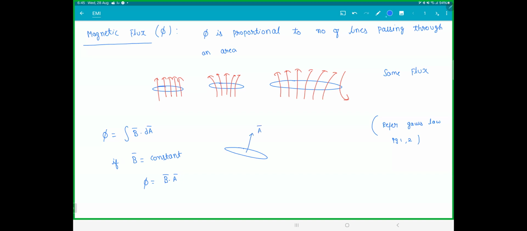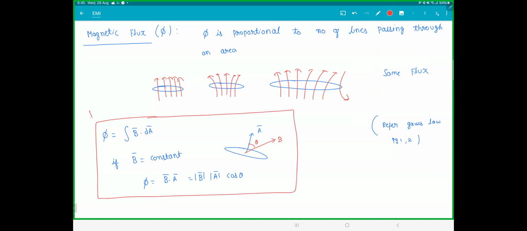This is your area vector, this is your B bar and this is your theta. So you can write this as mod B, mod A, cos theta. So theta is the angle between the area vector and B. Clear? Same definition. So you can study in terms of lines, and that time area and angle won't matter. But if you study in terms of B bar, area and angle will matter.